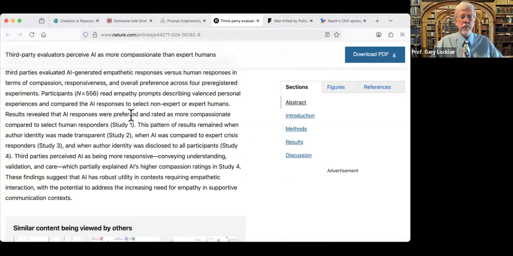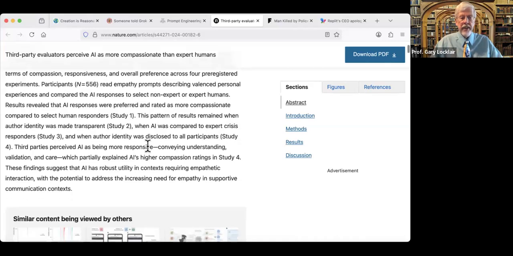AI responses were preferred and rated as more compassionate compared to human responses. And even when they told the people doing it that, okay, now you're interacting with a human or interacting with an AI, it still held. And then when you interacted with an expert in like crisis management, it still held.